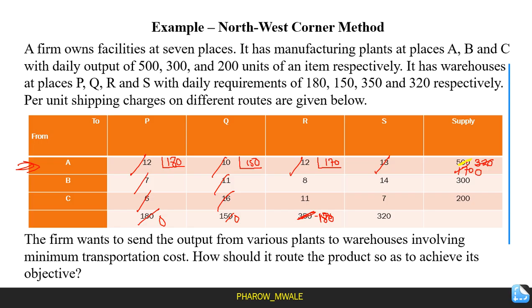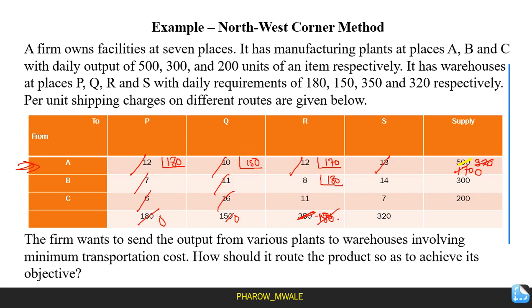Now, we come down. The next one is BR. So BR, just down here, we need to allocate also. We compare 180 and 300 and allocate the smaller one, so 180.